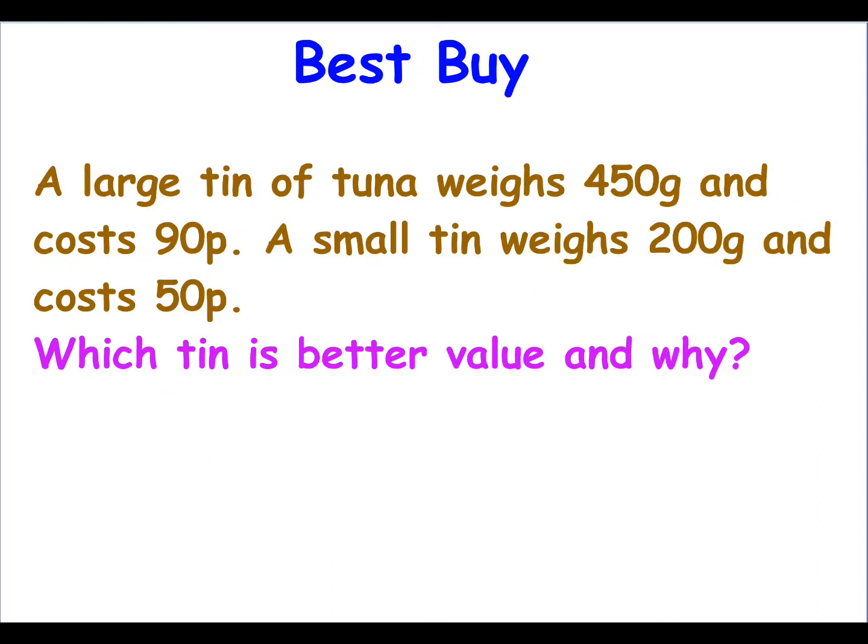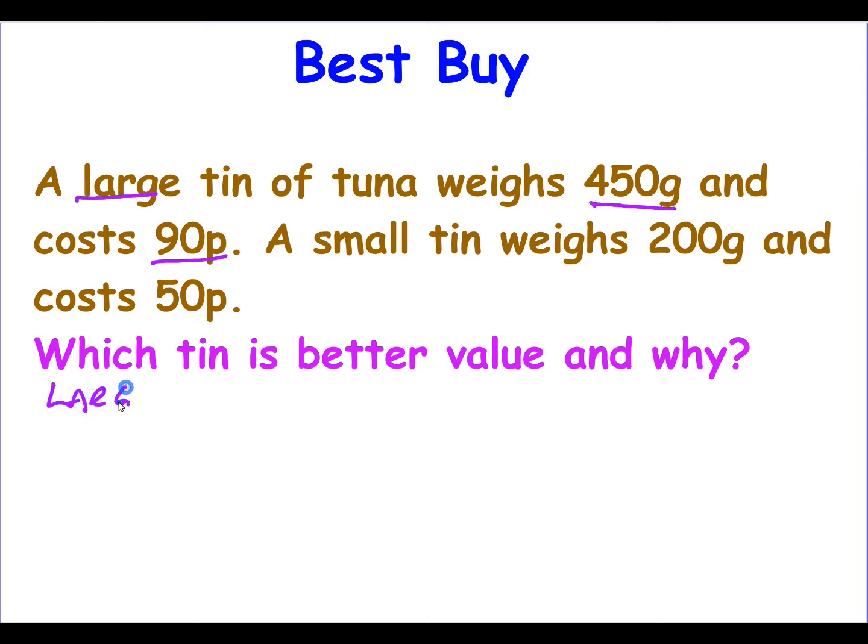Last one on unitary method and best buy for you to have a go at. A large tin of tuna weighs 450 grams and costs 90 pence. A small tin weighs 200 grams and costs 50 pence. Which tin is the better value? So we've got the large tin, 450 grams at 90p.